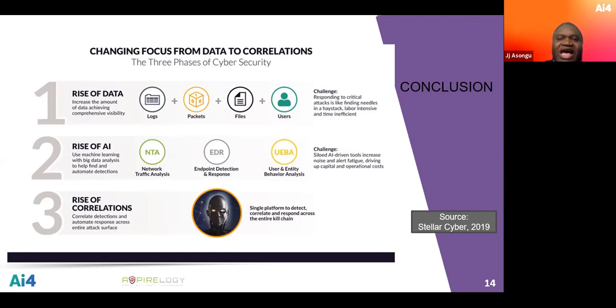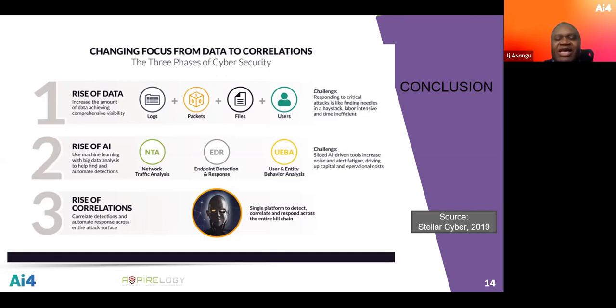However, the challenge here is that the movement from data to AI should not be a complete break.